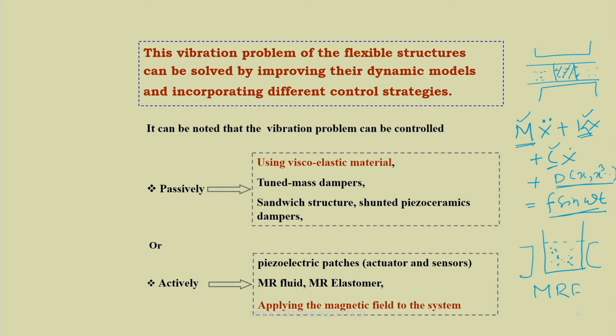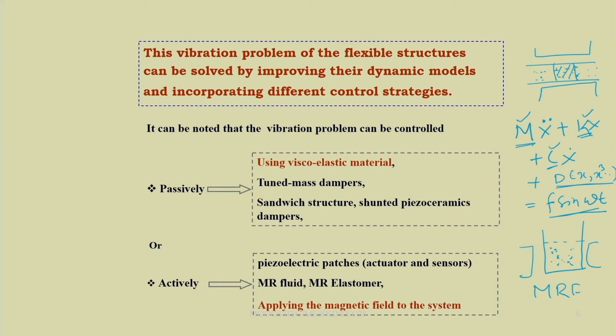So, that way we can change the stiffness or the damping of the structure passively by using, for example, viscoelastic material, then tuned mass dampers. We know the tuned mass damper or centrifugal type of dampers are also available, which can absorb the vibration over a wide range of frequency.